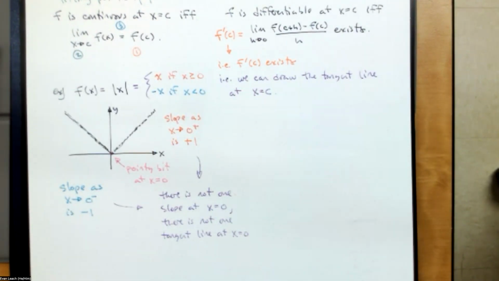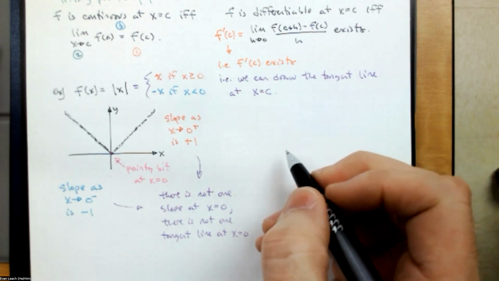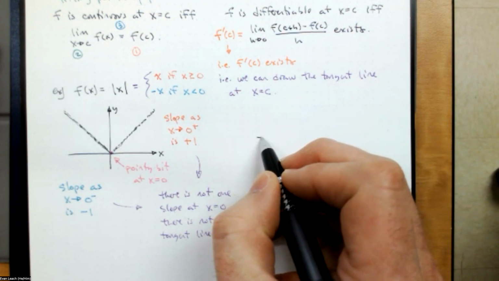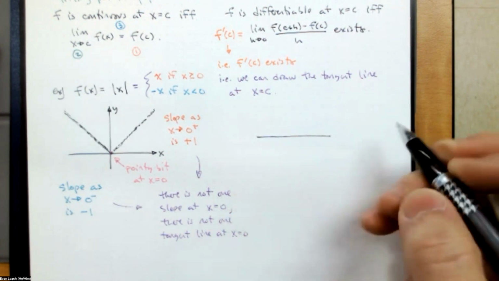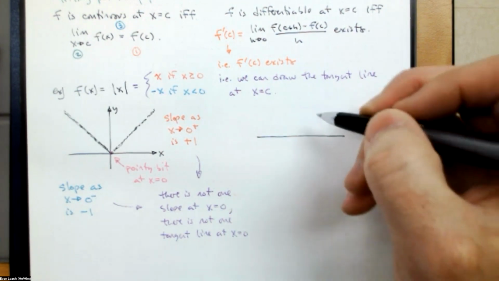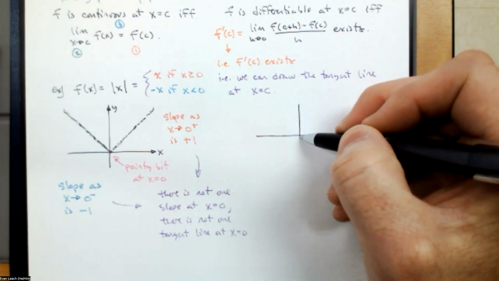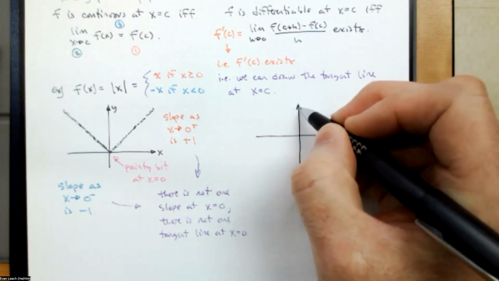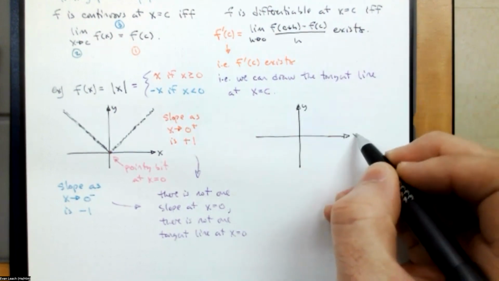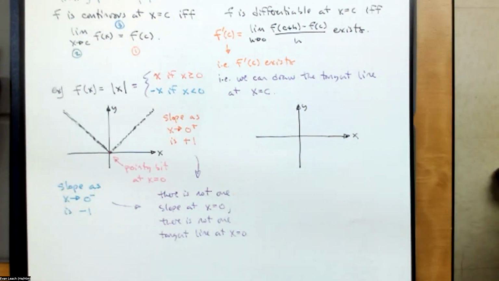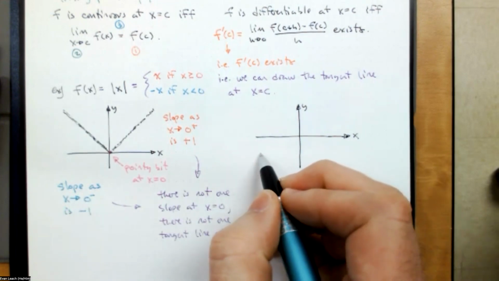We're approaching different values from either side. If we draw a graph of this derivative, the slope as x approaches 0 from the left is -1.